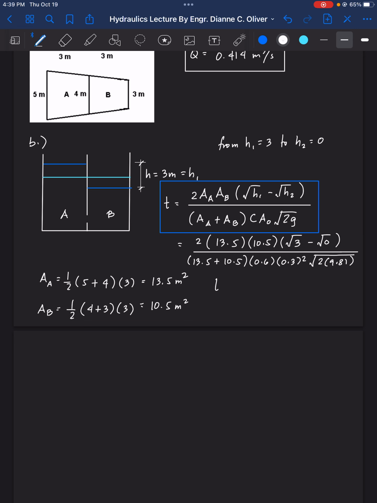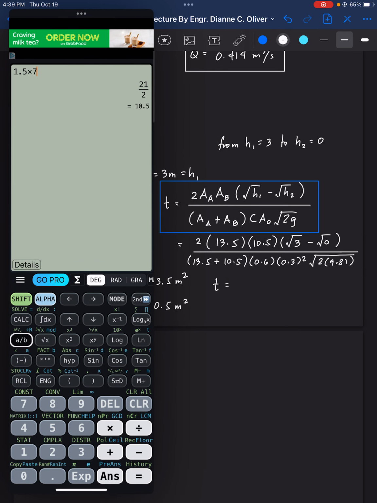So time now is equal to 2 times 13.5 times 10.5 times square root of 3 over 13.5 plus 10.5 times 0.6 times 0.3 squared, square root of twice of gravitational acceleration.